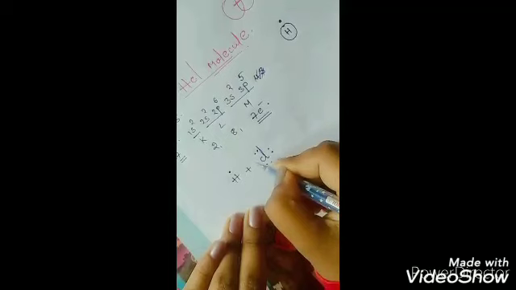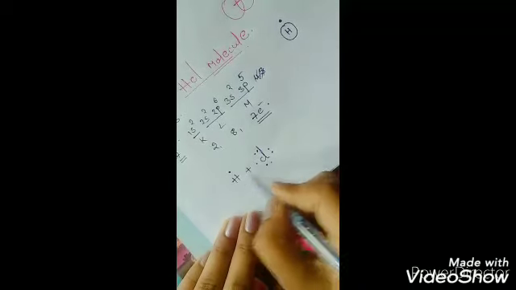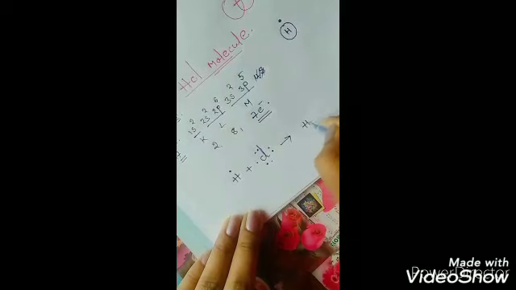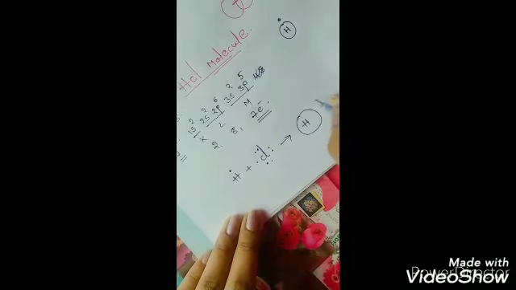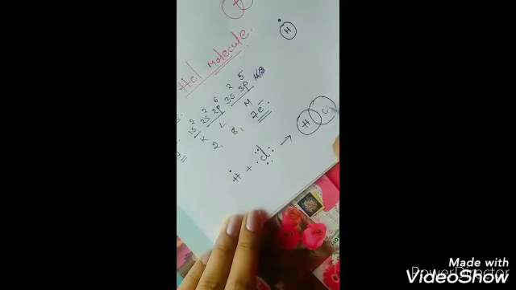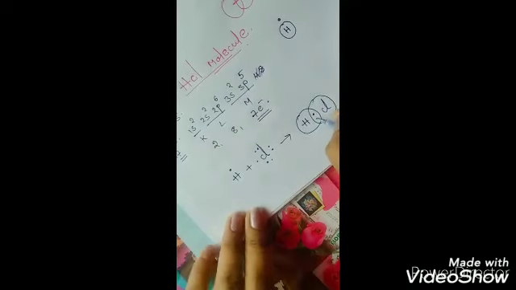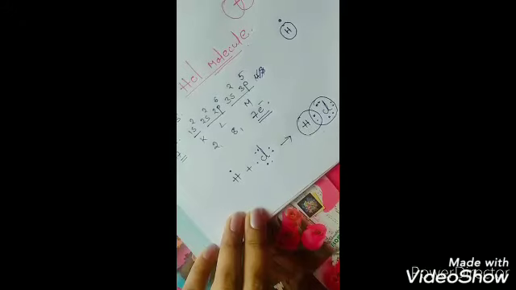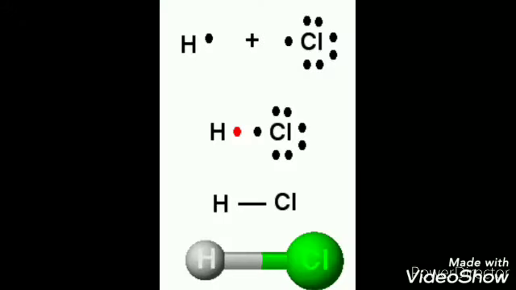The representation will be like this, and these two single electrons can get combined. Like this, this is the chlorine. These two electrons combine in the middle of the atoms. Here a single bond has formed. This is the HCl molecule.